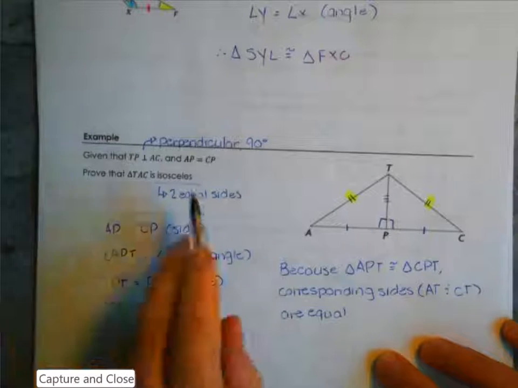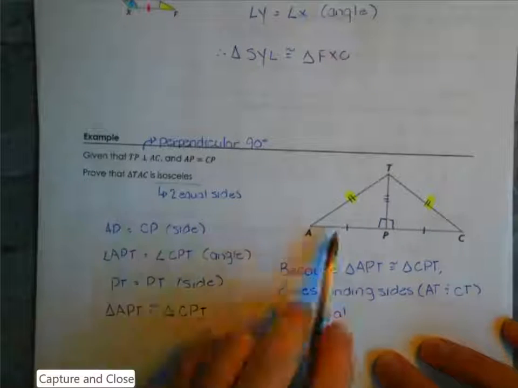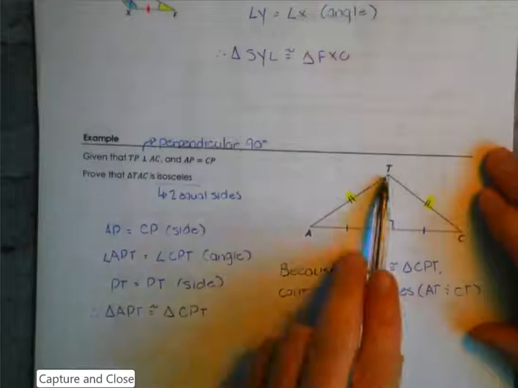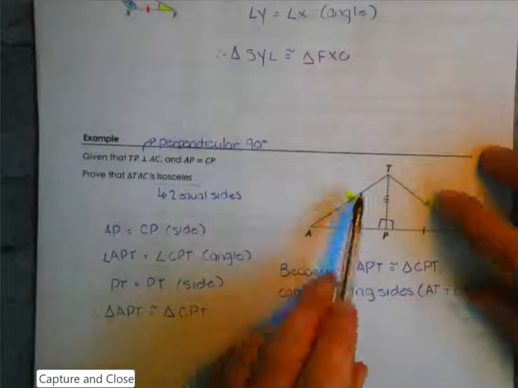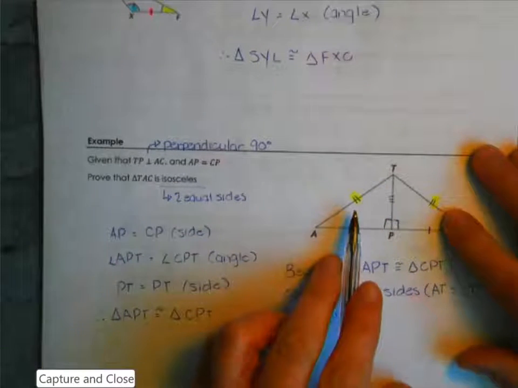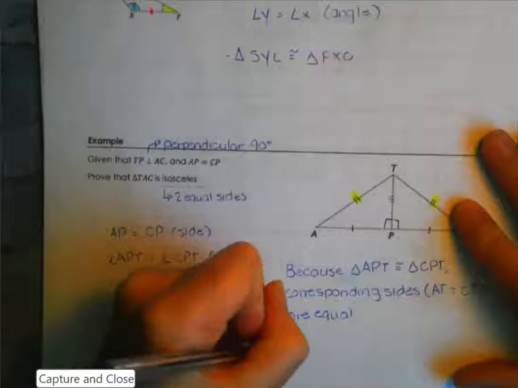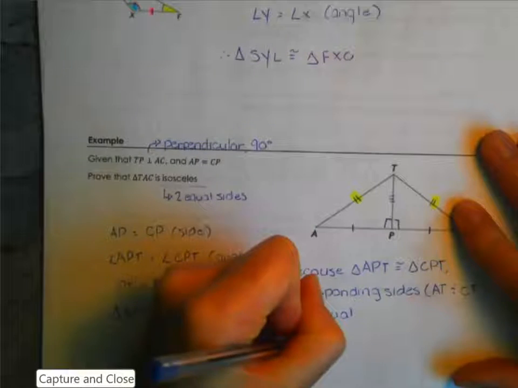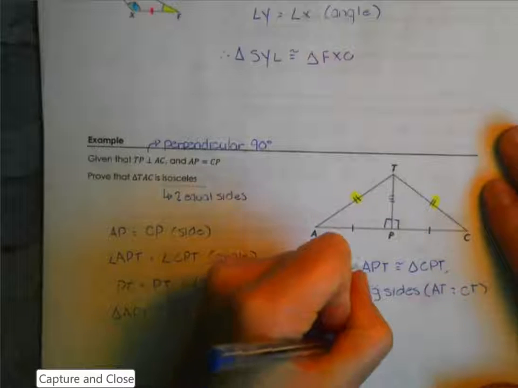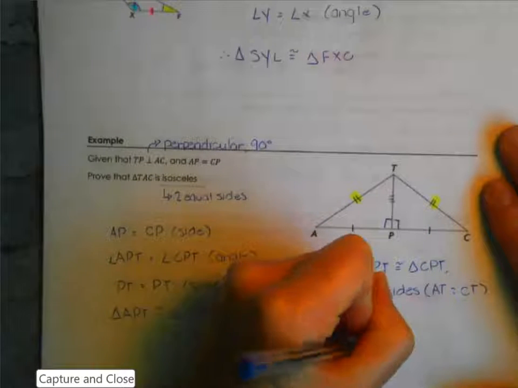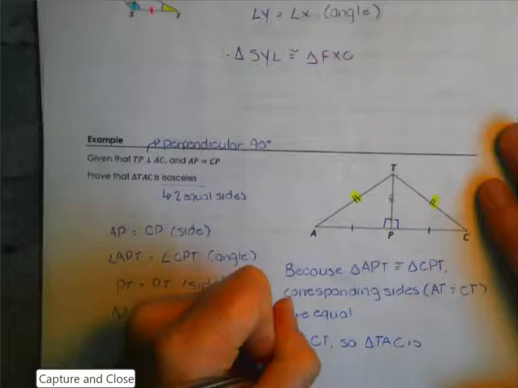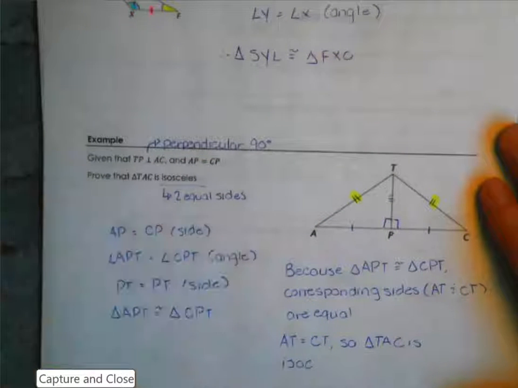And that's exactly what the definition of an isosceles is, right? That it's going to have these two equal sides. So when we look at this as one big triangle, these two sides are going to be equal, even though we proved them using the two smaller triangles. And so now we can say AT equals CT. So triangle TAC is isosceles.